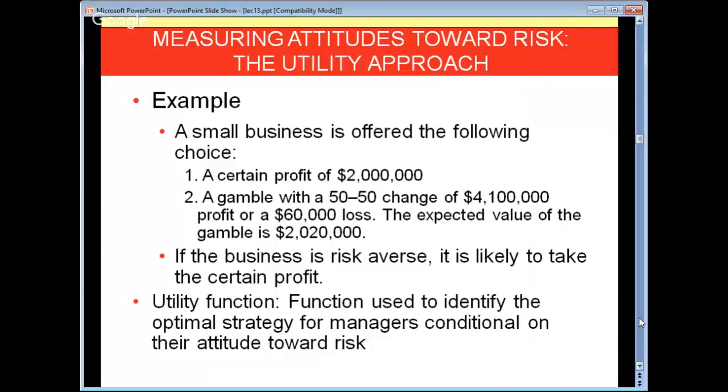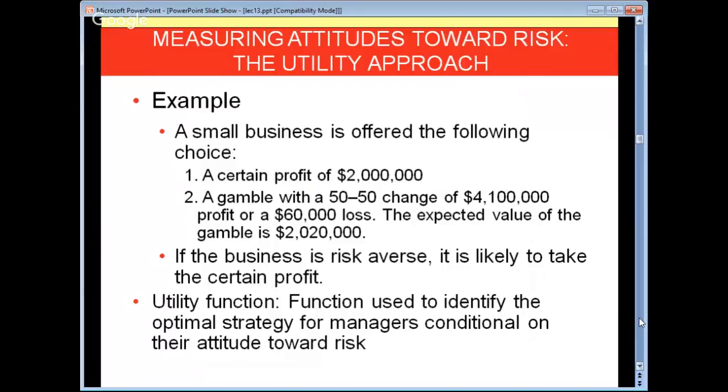So that's 0.5 times 4.1 million plus 0.5 times minus 60K, which gives an expected profit from this gamble of 2,000,020. So certain profit is 2 million, and the expected value of the gamble is 20,000 more.